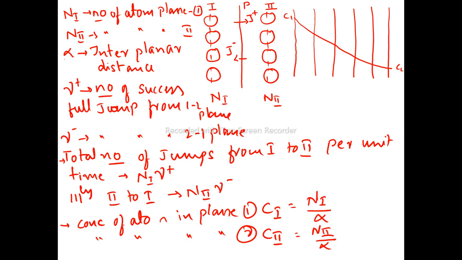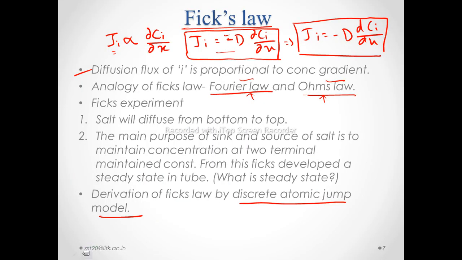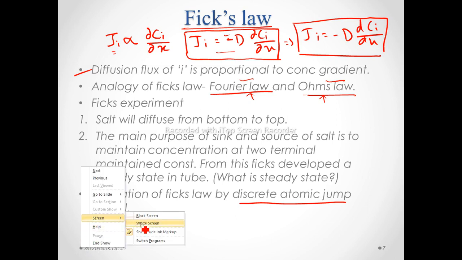Afterwards, we use the flux across the plane P. The flux across plane P is given as J equals J plus minus J minus, the difference.